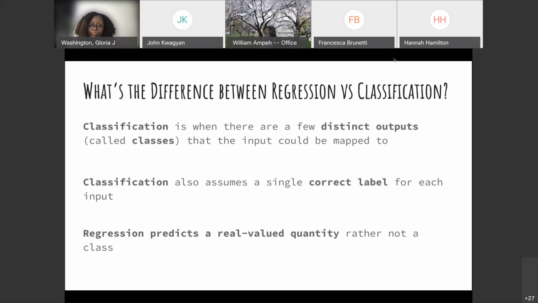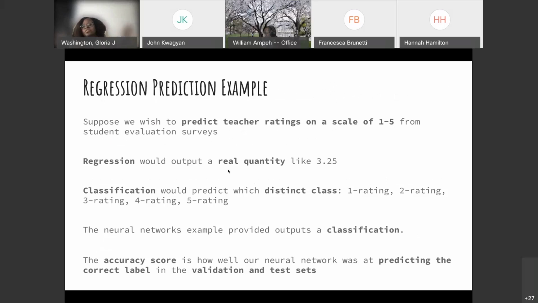An example of that is, suppose we want to predict teacher ratings on a scale from 1 to 5 from student evaluation. So at Howard University, students rate professors using an IDEA survey or whatever they use nowadays. And usually with these ratings, 1 was like not helpful or whatever, and then you have 5 all the way to the person was really helpful.